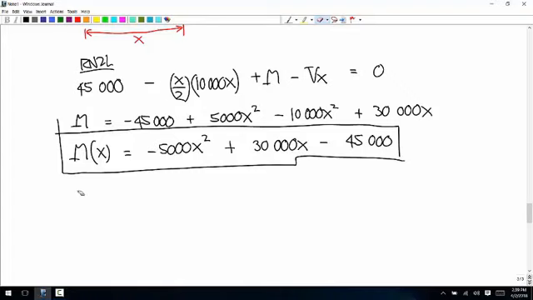Okay, so now we're going to calculate the deflection. And we know that v double prime is equal to 1 over EI. I'll just leave it as a variable for now.